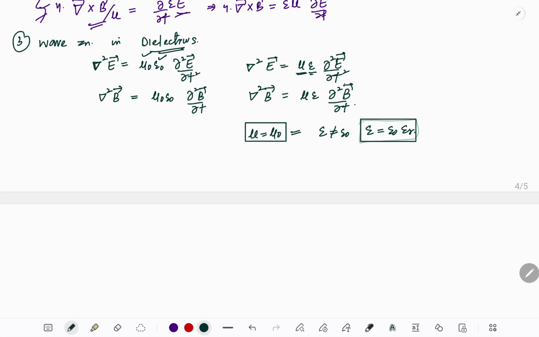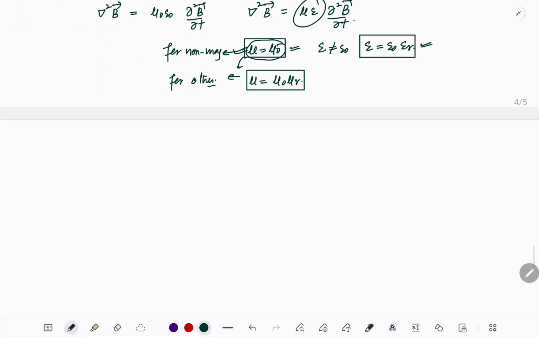Okay, this is very important. This is only valid for non-magnetic. For other dielectric materials, mu is mu 0 mu r. This one is for non-magnetic, this one is for other dielectric materials. This is very important.